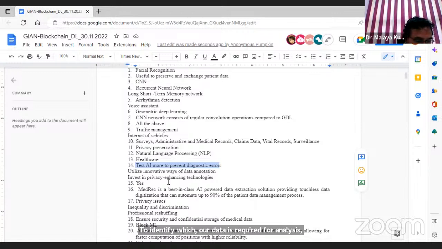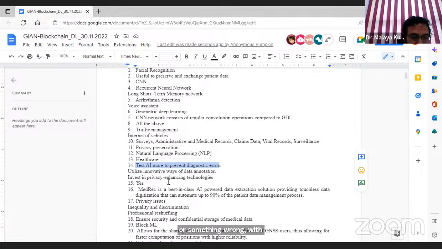If a certain problem or a misclassification happens in AI in real time, then a wrong suggestion is given to the patient, which will cause some troubles. That means the wrong drug is suggested to the patients. So this is one of the most important challenges: when there is a misclassification, the wrong drug is suggested.